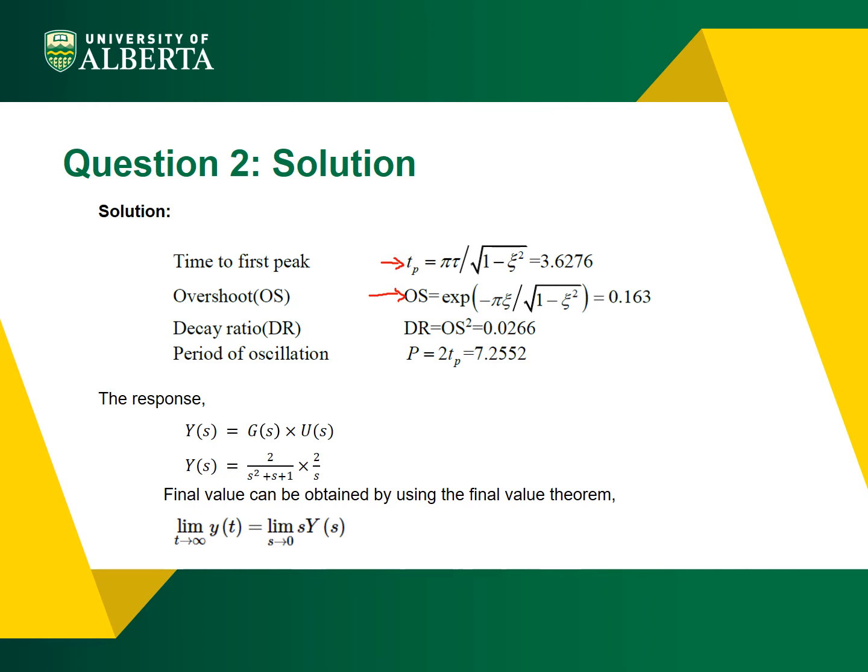We know all the values. Pi is 3.14, so if you just solve it, you get 0.163. And decay ratio is overshoot square, so we just take the square of 0.163 and we get the decay ratio. The period of oscillation is 2 times the time taken to reach first peak, so we just take twice 3.6, which is 7.2.